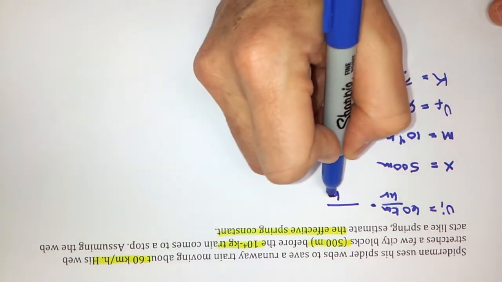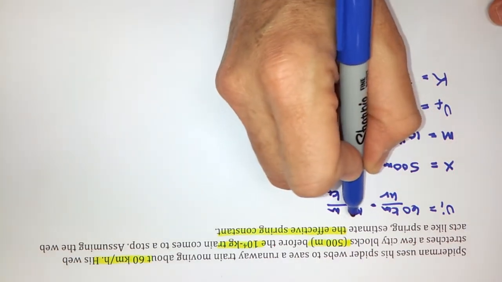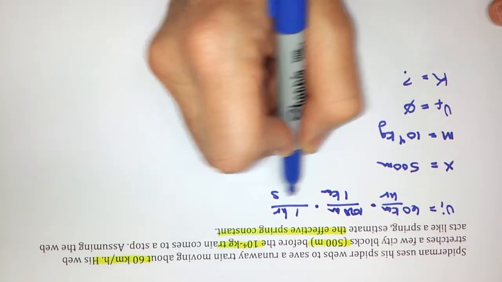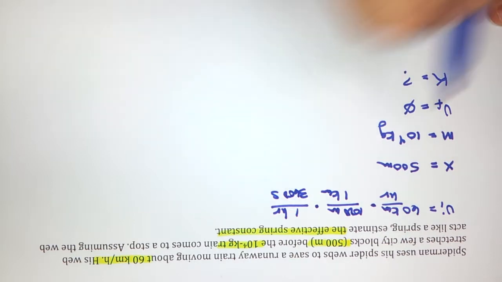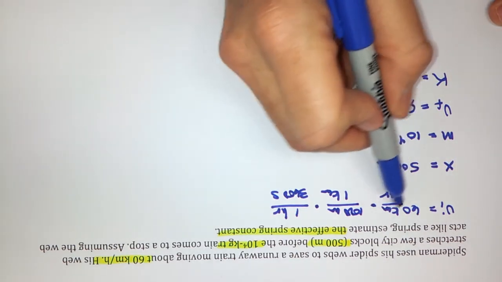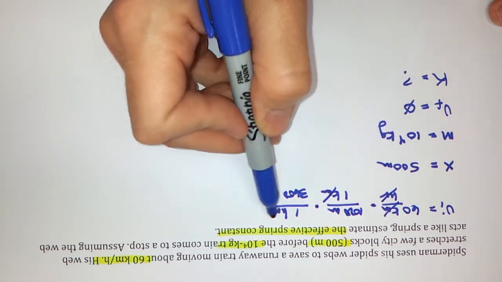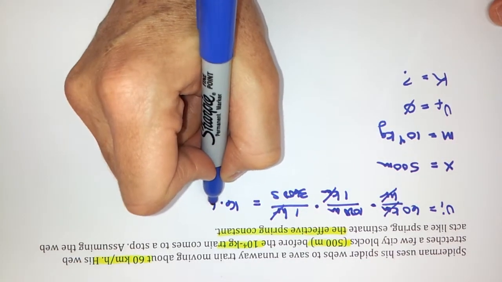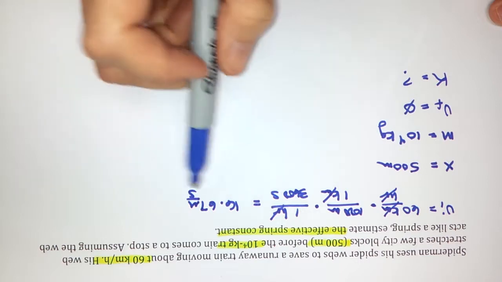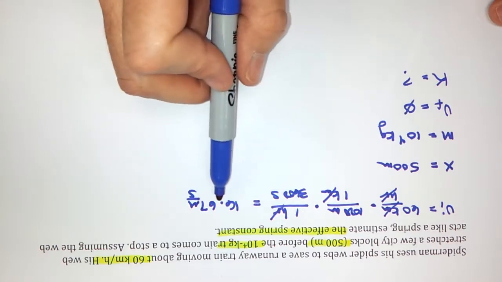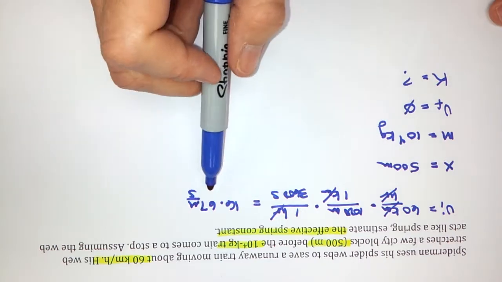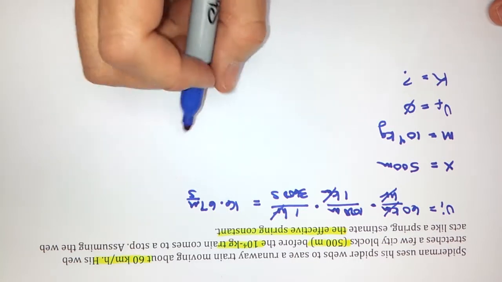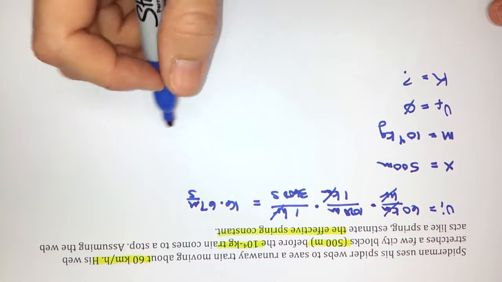So kilometer to meter is 1,000 to 1, and hour to second is 3,600 seconds in an hour. That gives us roughly 16.67 meters per second. Try to carry as many of those numbers as you possibly can when you are finalizing that.